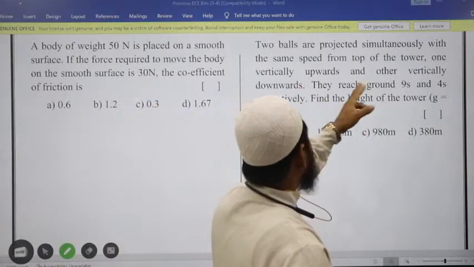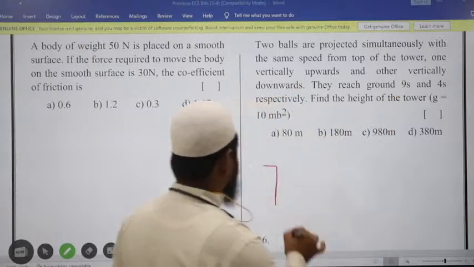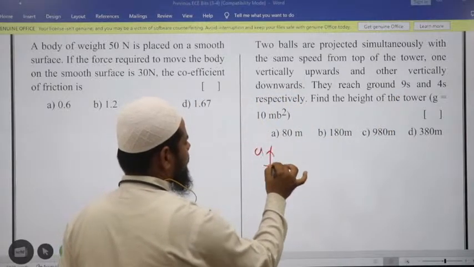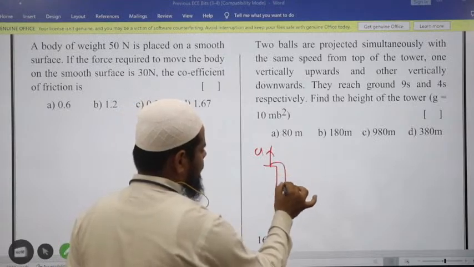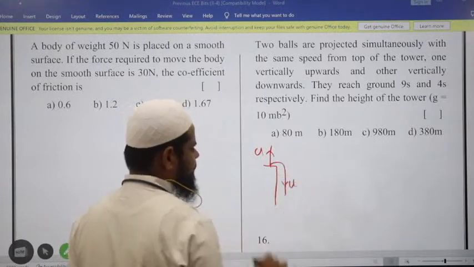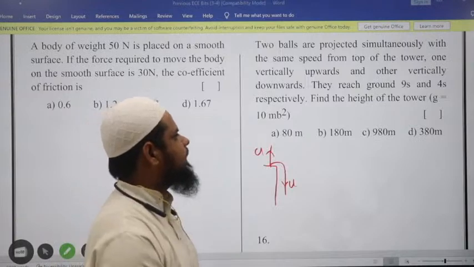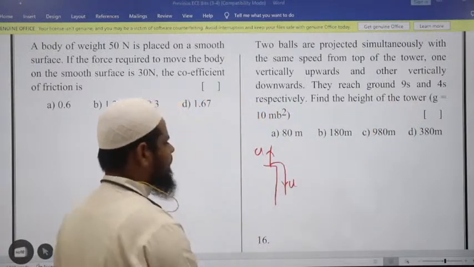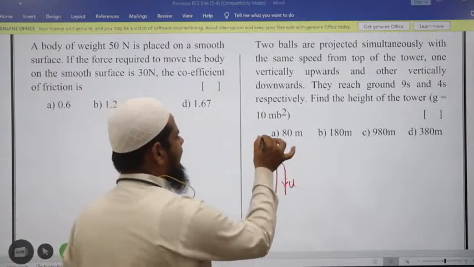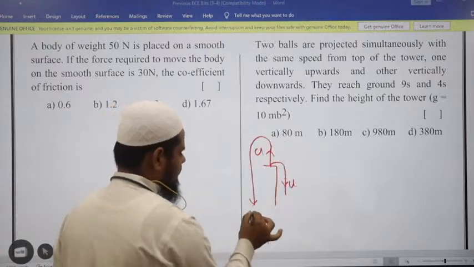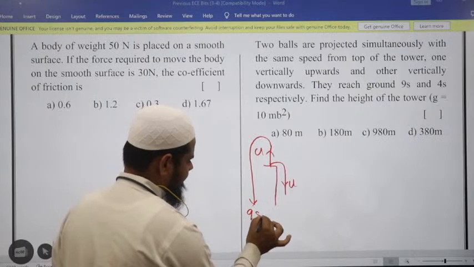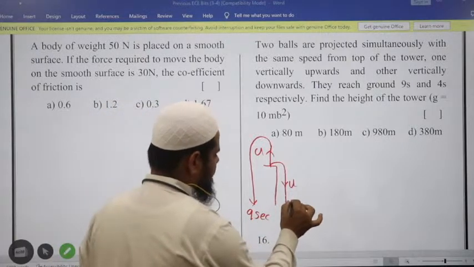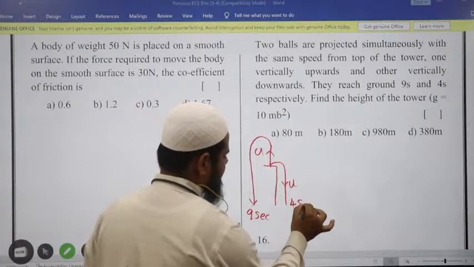One is projected vertically upwards with velocity u, the other vertically downwards with the same velocity u. They reach the ground in 9 seconds and 4 seconds respectively. It means this one has to reach the ground in 9 seconds, and this one reaches the ground in 4 seconds.